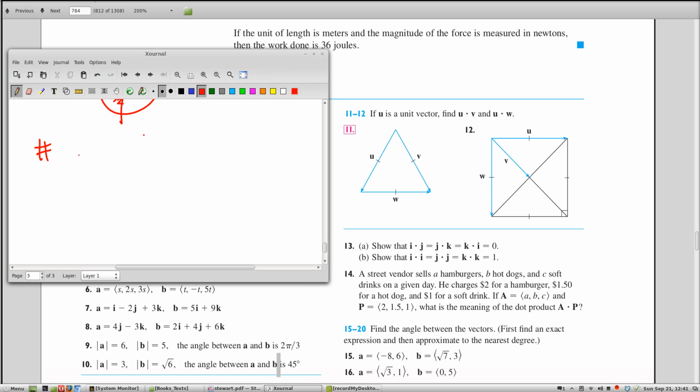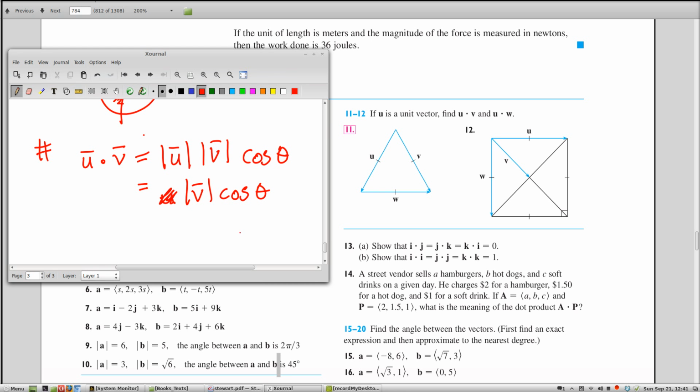So what happens if you take the dot product of a unit vector and some other vector? You know, because of this formula, cosine theta, what is a unit vector? It's a vector of length 1. So this simplifies to just the magnitude of v times the cosine of the angle.